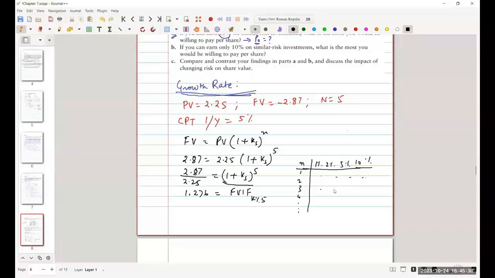And here are the interest factors. In the row for the 5th time period, we will try to locate a factor which comes closest to this value, 1.276. And we know that it will be this. So you will find it here, 1.276, and you will read the corresponding rate, 5%. And then from here, you will say that this is equal to g. Right, so that's also a fairly simple process. It's just that you will need a time value table.